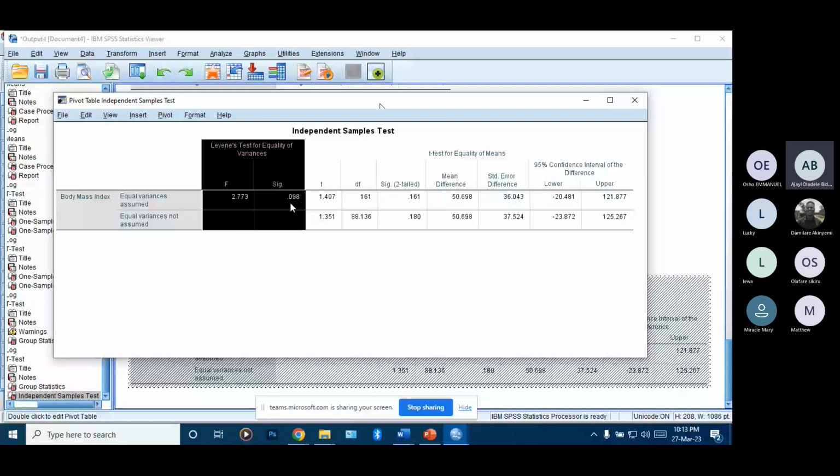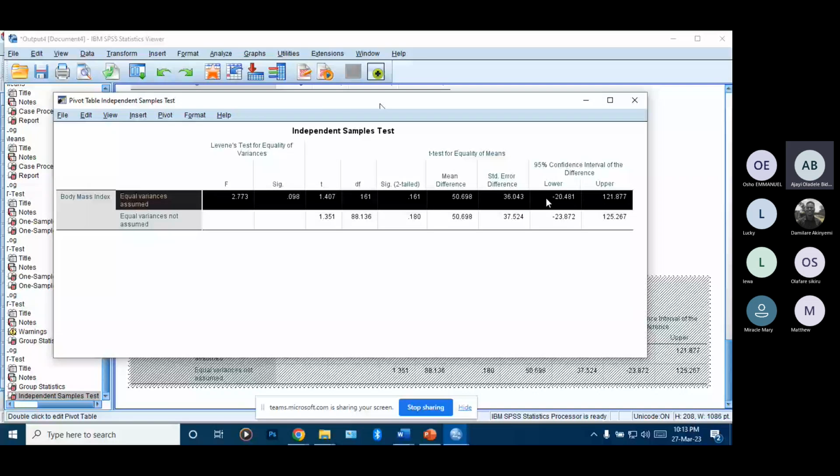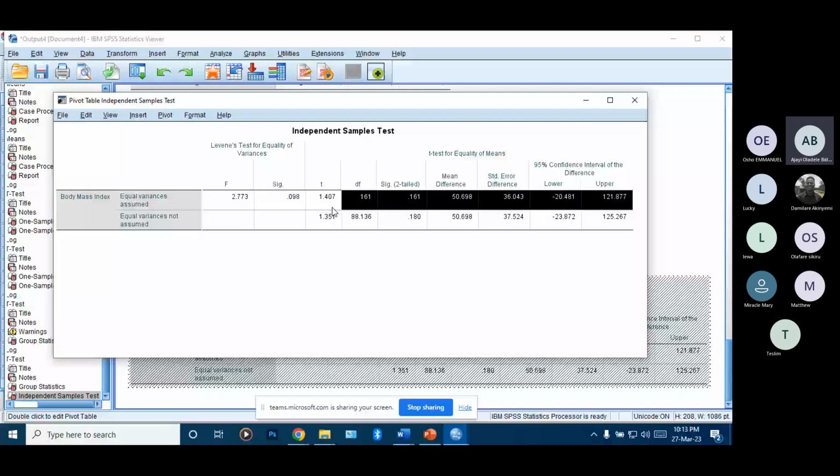Now, if the variances are equal, this is where you check your output for the independent samples t-test. Let me just highlight here. You check it across this particular row. This is the row where you check your output for the independent samples t-test if the variances are equal.